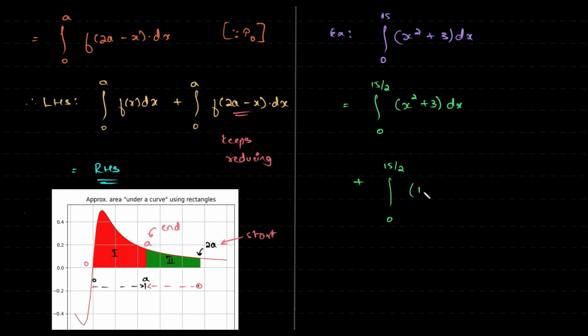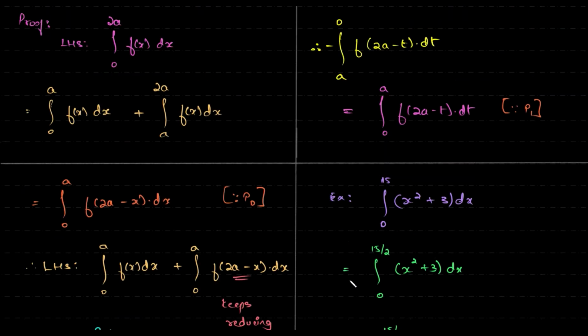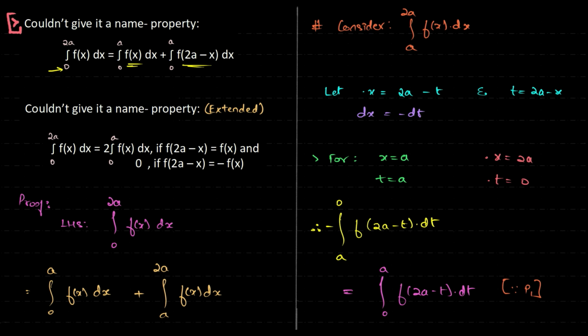But over here it is 15 minus x the whole square plus 3, dx. Again, how is it useful? We'll see all of that in time. For now, learn the properties and also execute the programs and try to understand on your own as well.